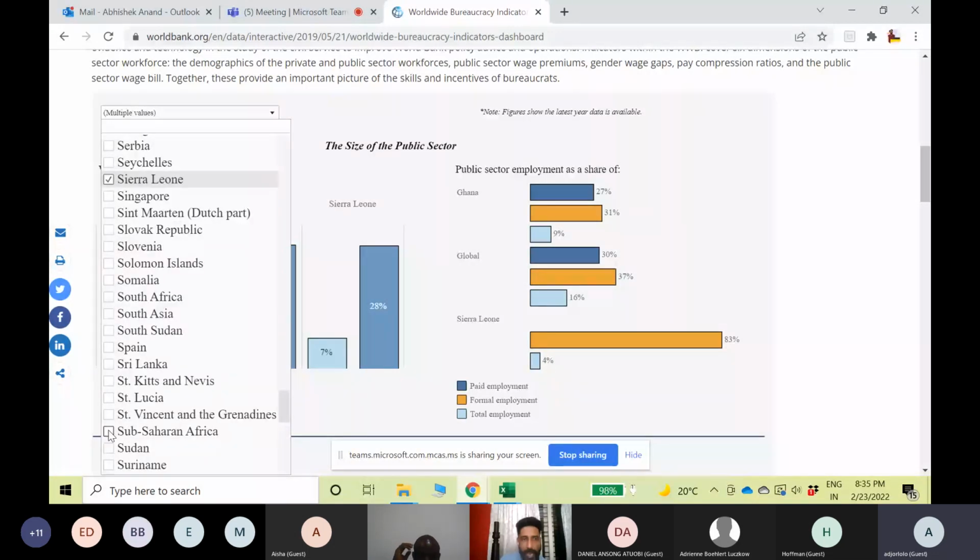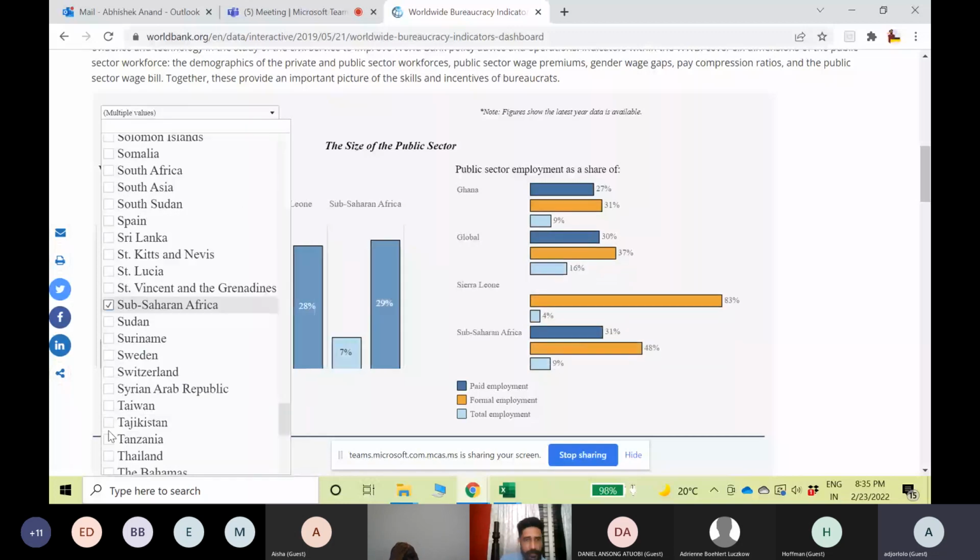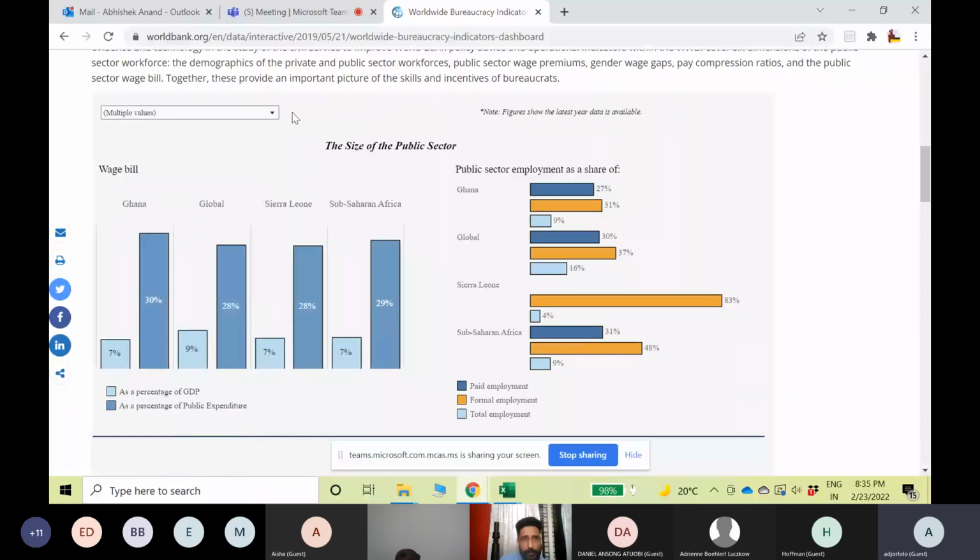So we have global average, we have Sub-Saharan African average, we have Sierra Leone, we have also Ghana. So we have selected the countries that we are interested in looking at. And now we'll be looking at, and I would explain what are these charts, what are these variables. But did it work for all of you? Any problem? Can you see the same thing on your screen? Same countries, any problem? Please let me know.